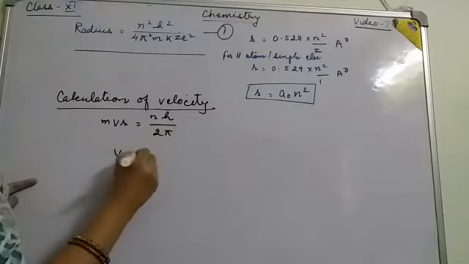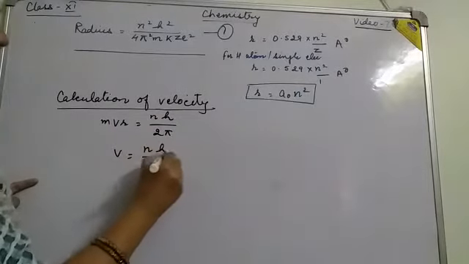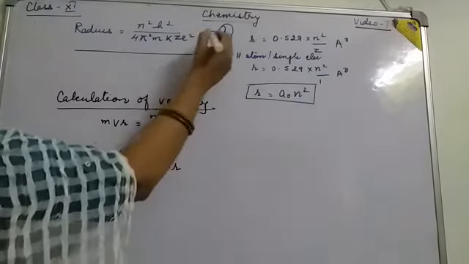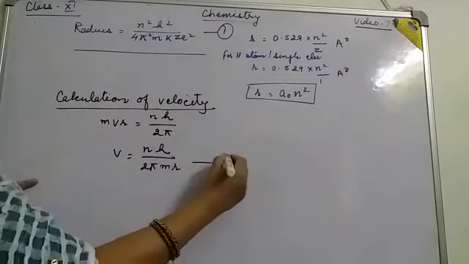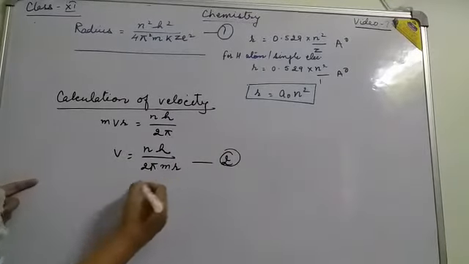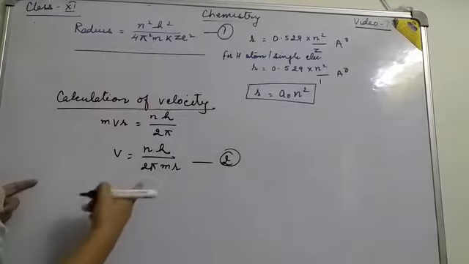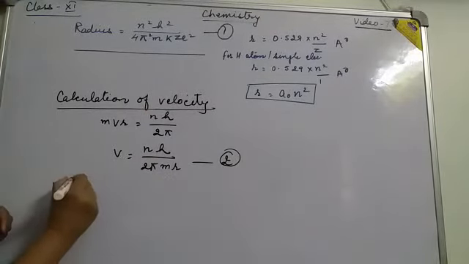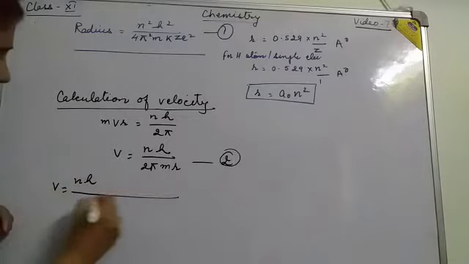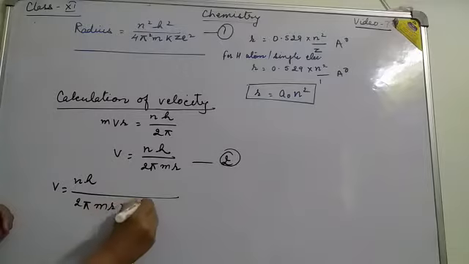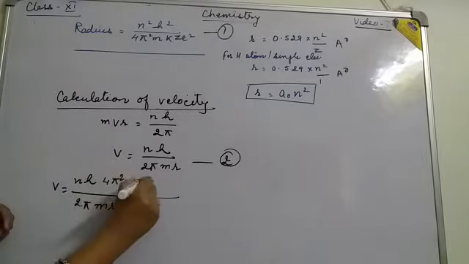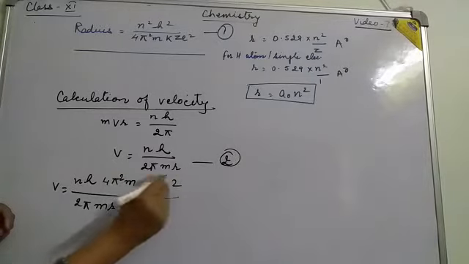So v equal to nh by 2 pi mr. By putting the value of r from equation 1 into equation 2, v equals nh by 2 pi m into 4 pi square m k z e square over n square h square.